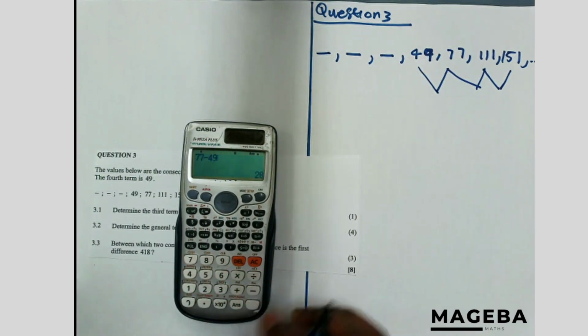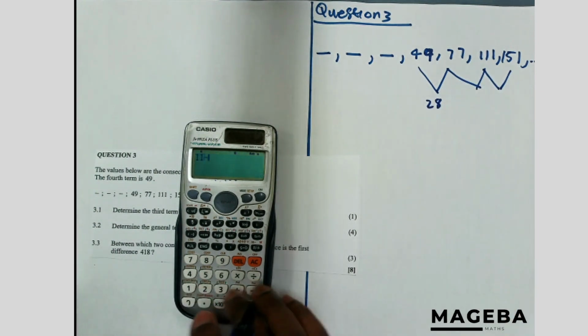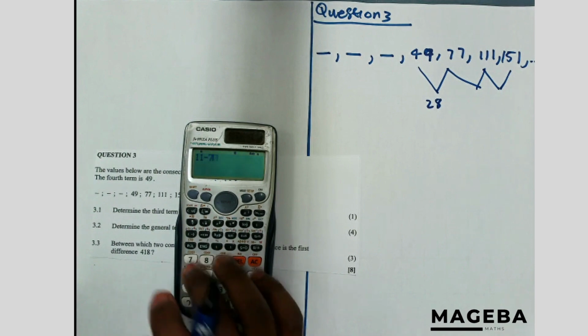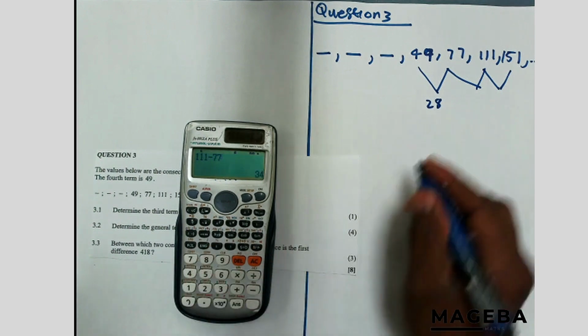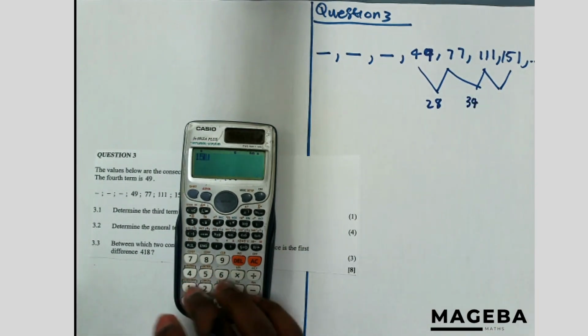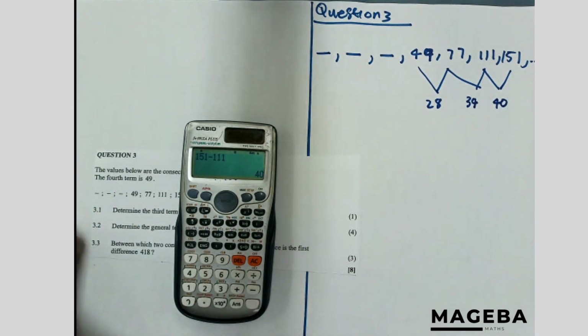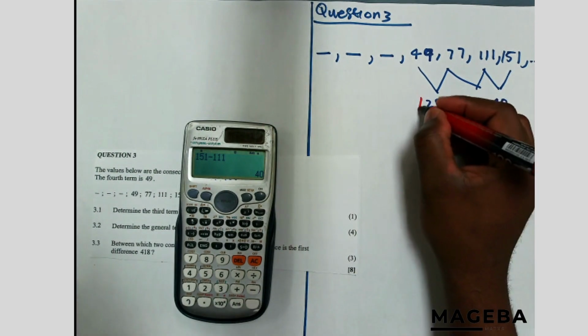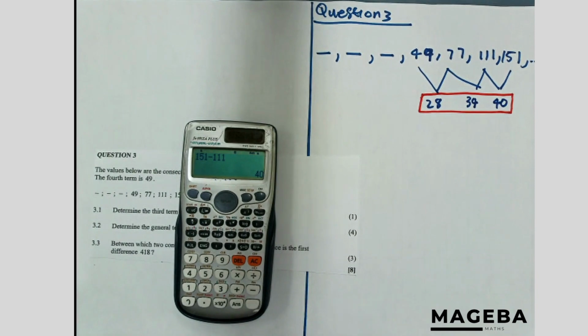minus 49, which gives us 28, and then 111 minus 77 gives us 34, and then 151 minus 111 gives us 40. Now we know that in a quadratic the first difference acts as an arithmetic sequence.